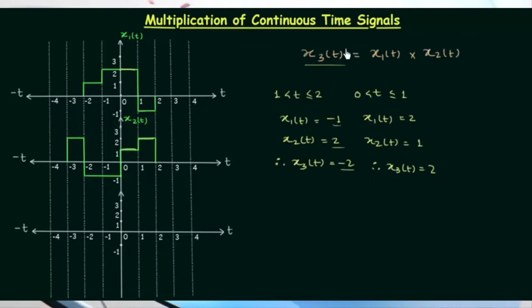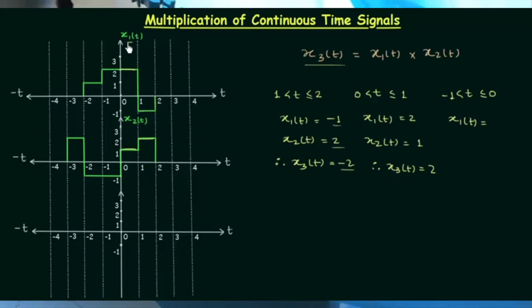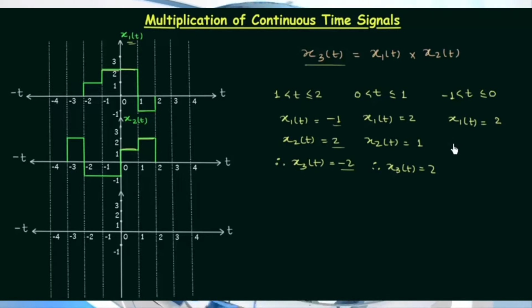Now we will find out the resultant signal when time t is less than or equal to 0 but greater than -1, and during this time interval x1(t) is equal to 2 and x2(t) is equal to -1. Therefore, x3(t) is equal to -2.